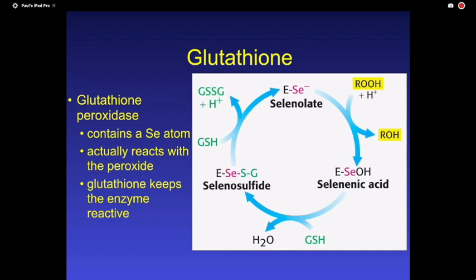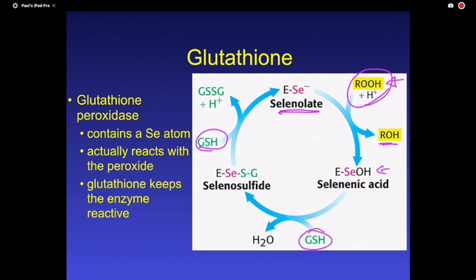It will use an enzyme called glutathione peroxidase, and what happens is it's going to use 2 of these glutathiones. The first glutathione gives its electrons to the selenium atom inside the enzyme, and the selenium atom is going to react with a peroxide to create a hydroxide, which is not reactive. This is very reactive. And then it creates an acid.